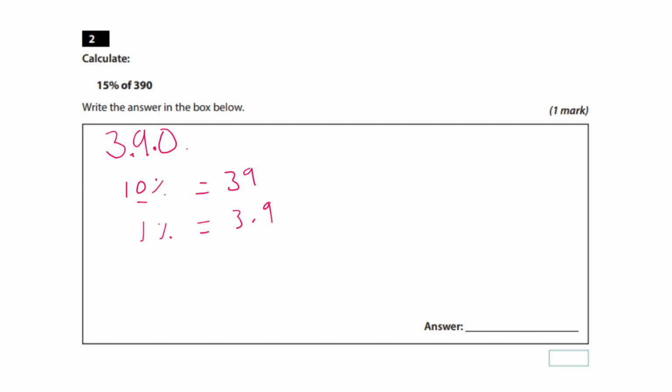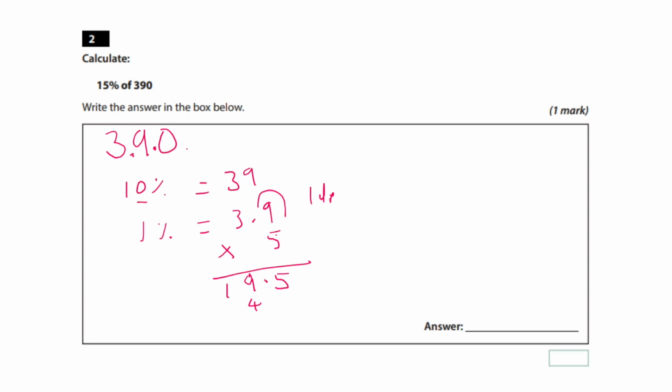So 3.9 times 5 would give us our 5%, wouldn't it? We've already got our 10%, and to make 15%, we need another 5%. 5 times 9, 45. 3 5s are 15, 16, 17, 18, 19, and there's one decimal place here. Look, if you can see, 1 dp, and we add that on at the end.